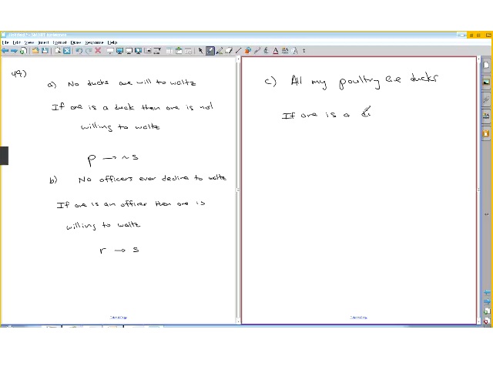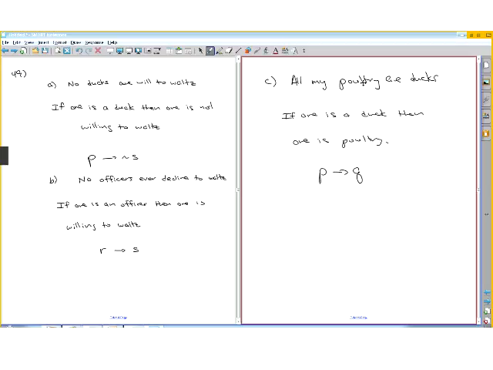If one is a duck, then one is poultry. So now we go look. P is, it is a duck. So one is a duck. That's the same thing. If P, then one is poultry. It is my poultry. So we have if P, then Q.